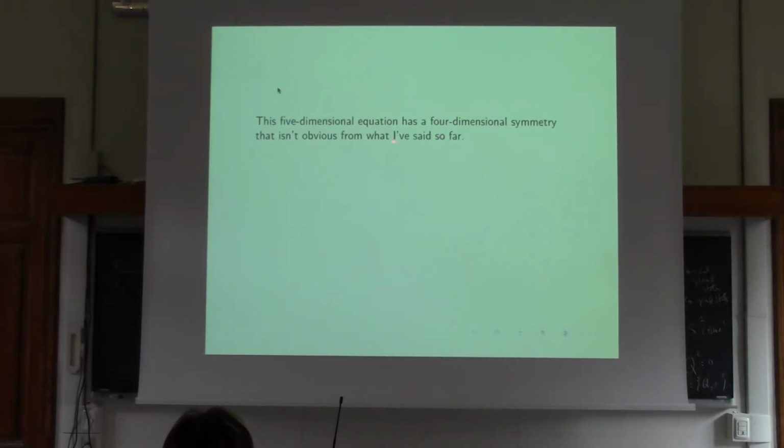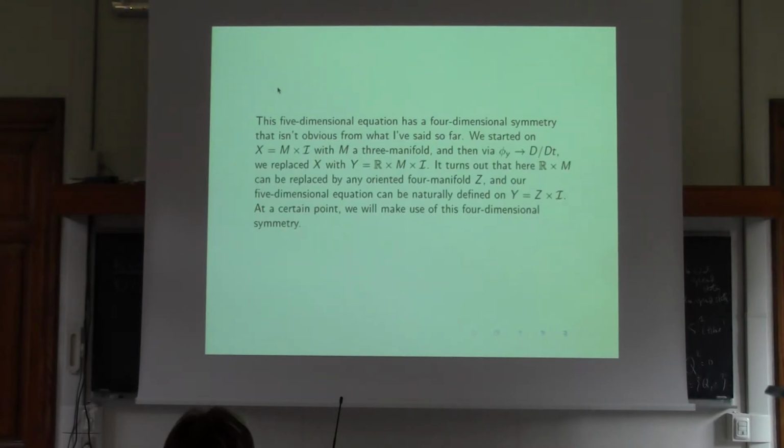This 5-dimensional equation has a 4-dimensional symmetry that isn't obvious from what I've said so far. So, we started on this 4-manifold X, and since we split X as a product, we lost the 4-dimensional symmetry of X, but we retained 3-dimensional symmetry of N. In other words, N was any oriented 3-manifold. And then, by replacing phi y with d/dt, we replace X with R times N times I. But it turns out that here we get back 4-dimensional symmetry.